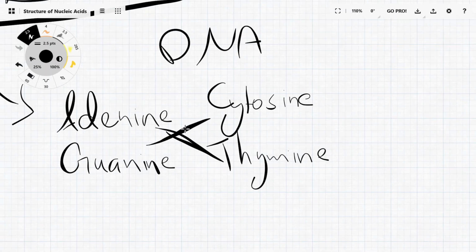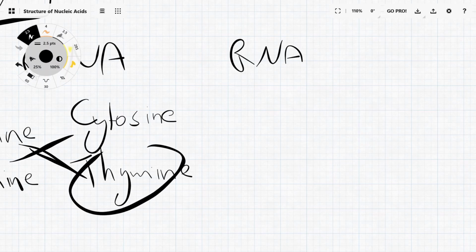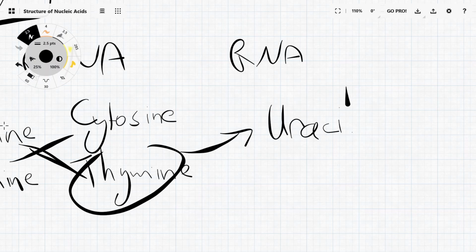Cytosine and guanine form 3 hydrogen bonds, while adenine and thymine form 2 hydrogen bonds. However, in RNA, the same nucleotides are present, except thymine is not present. Instead, we have uracil. And the function of uracil is the same. However, it's just a different nitrogenous base. So that's another difference we have there.